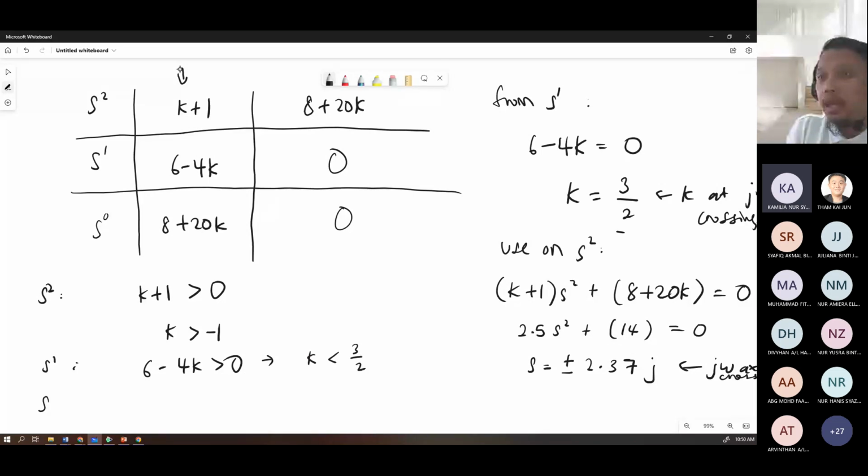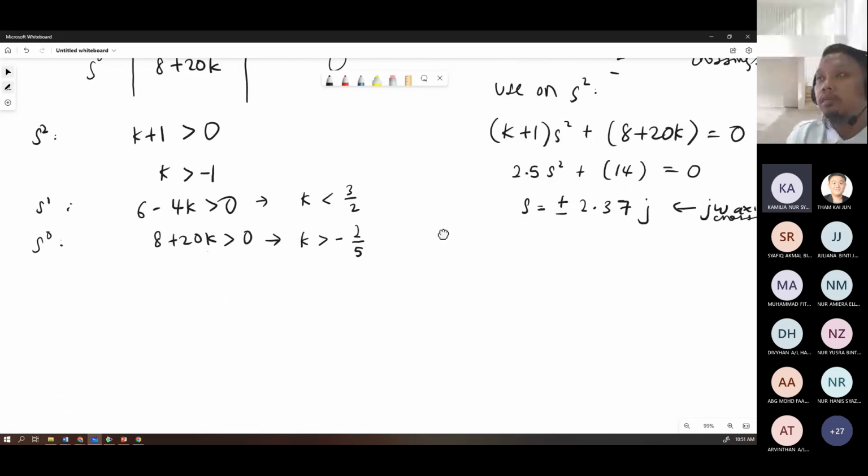And then lastly, S0. So we get K bigger than negative 2 over 5. Now you can buat garis nombor, okay?